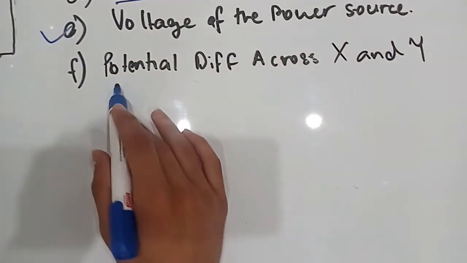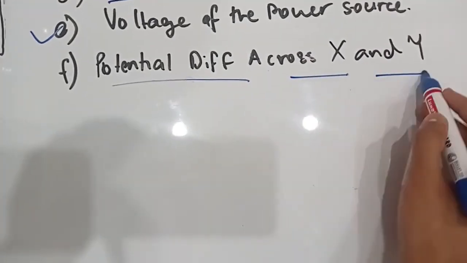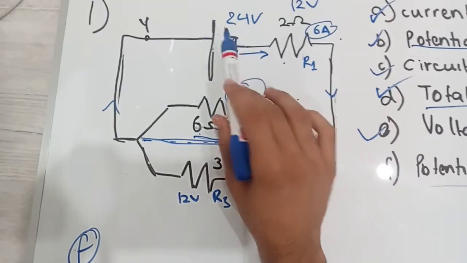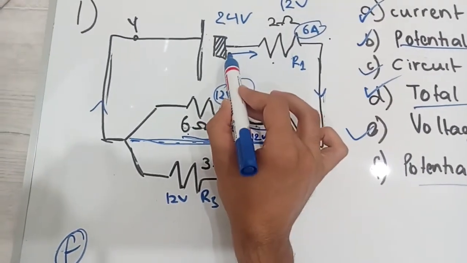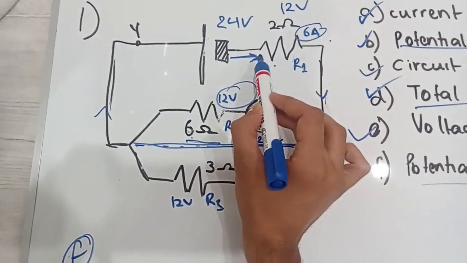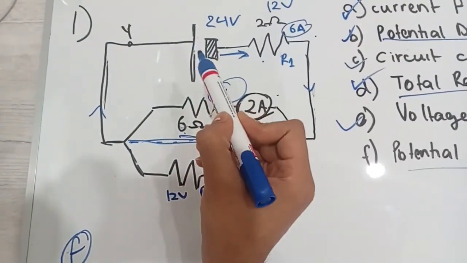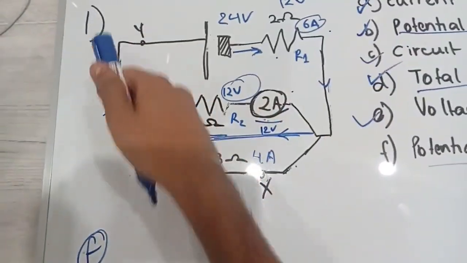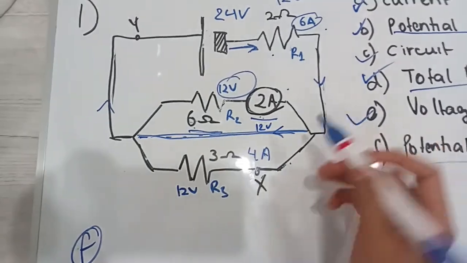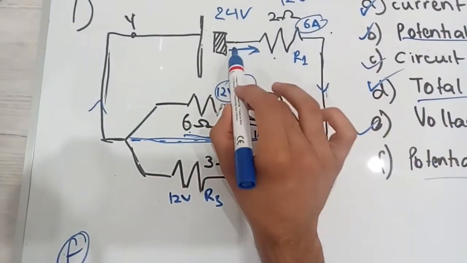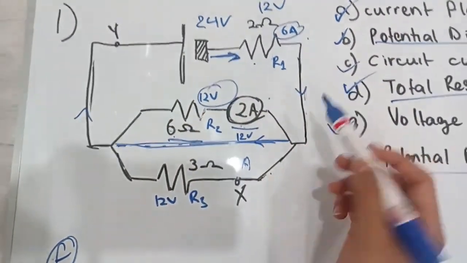Okay, now what's the potential difference across X and Y? Okay, next question. So let's imagine we have a 24 volt battery and all the volts start flowing in this direction. Now it doesn't really matter what direction you choose. You can also make the current flow the other direction and you're going to get the same answer. But for our sake, let's imagine the 24 volts starts here.